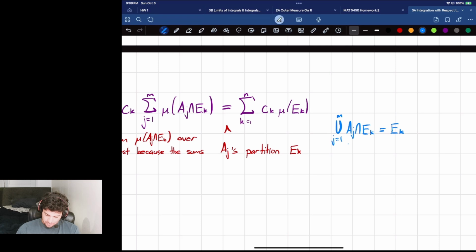Aj partitions the Ek, right? The Aj being a disjoint set that is also a partition of X allows it to partition each Ek.